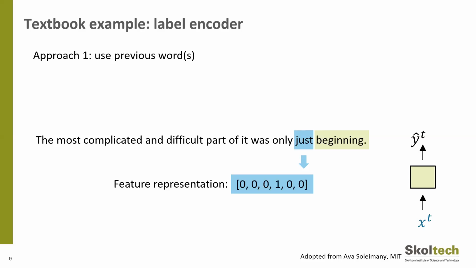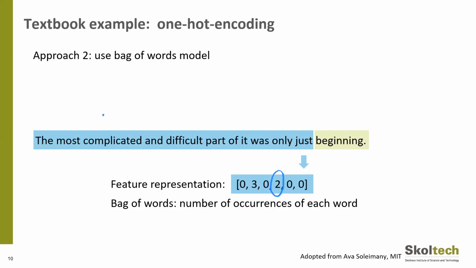In this case, we can also use one-hot encoding. So if we have this particular word in our sentence, we mark it as one. And if we have many words, you count the number of occurrences of each word, and you have this feature representation.